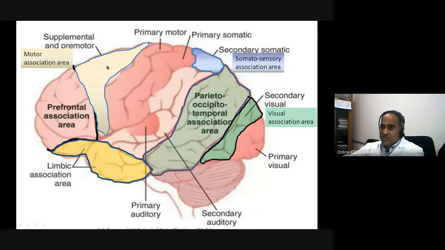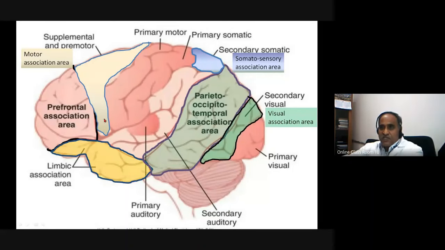This is a motor association area. Then this forms the prefrontal association area. This entire thing is a prefrontal association area, and this is a limbic association area. So this is the primary motor cortex. This is secondary M2. And then the supplementary motor area, a premotor area and supplementary motor area. Then prefrontal area.